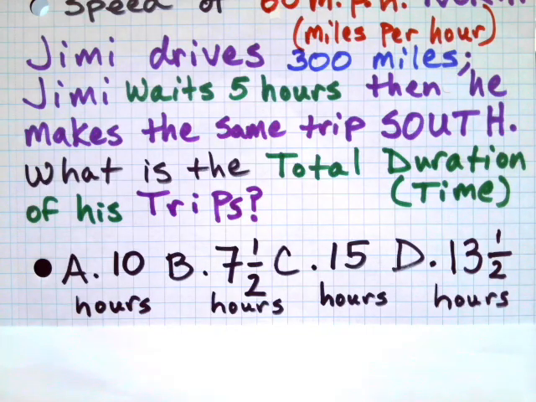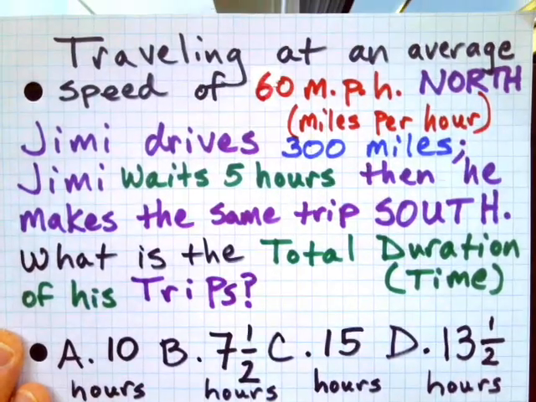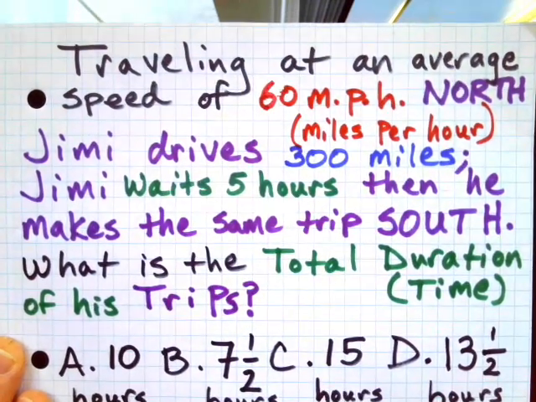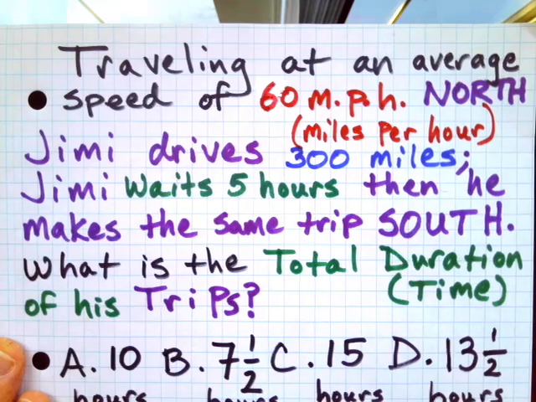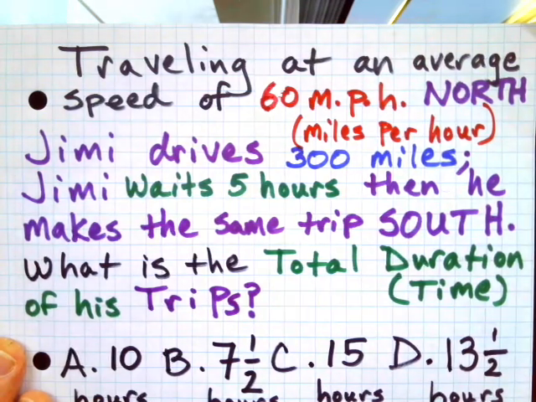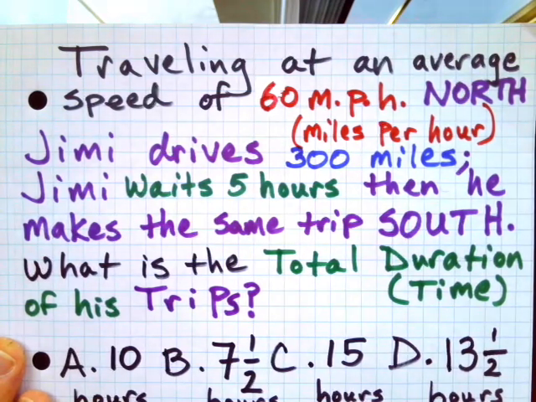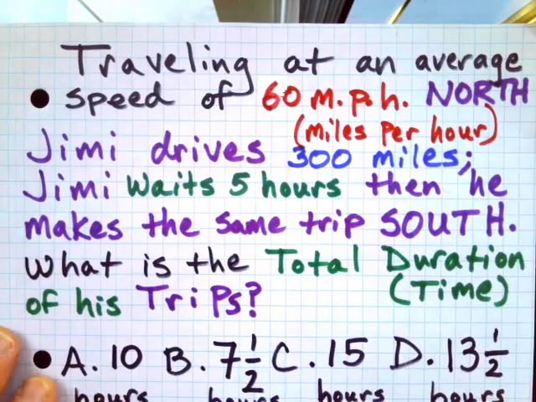I'd like to go over some key information that you need to know. So remember, we're talking about miles per hour. We're talking about rate. We're talking about 300 miles, that's distance. And we are also talking about time. So there's a special formula that talks about distance, rate, and time.